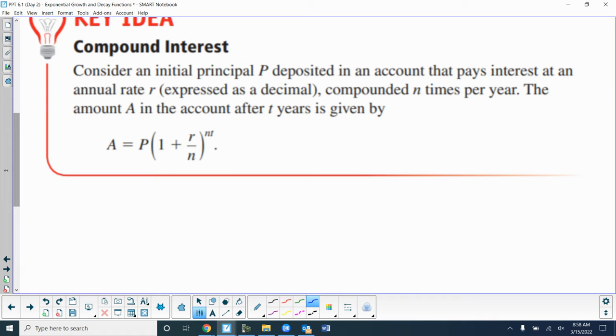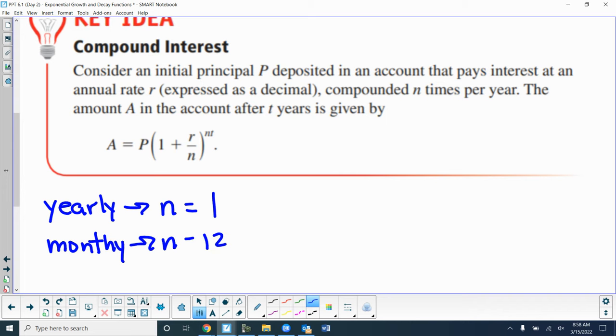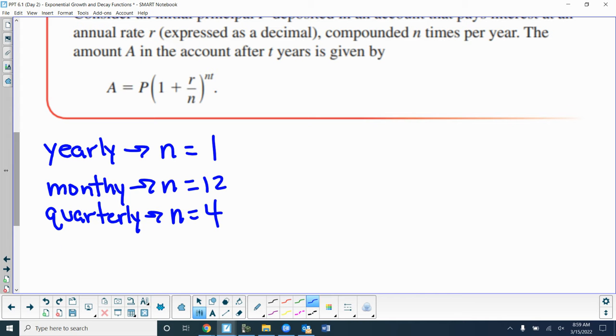So sometimes when they say compounded yearly, N is 1. If they say compounded monthly, what's N? N is 12, right? If they say compounded quarterly, N is 4. And sometimes they'll say compounded daily, N would be 365.